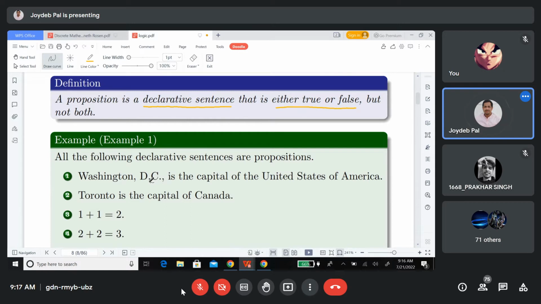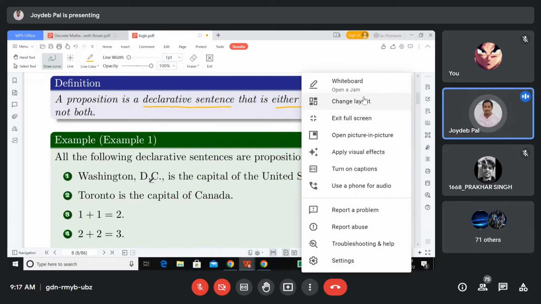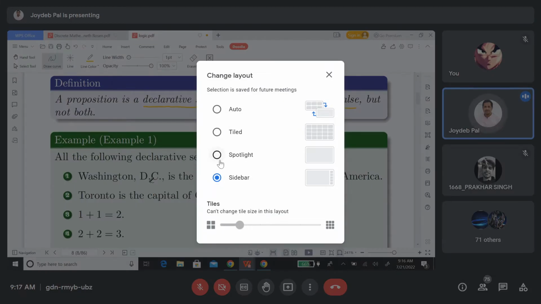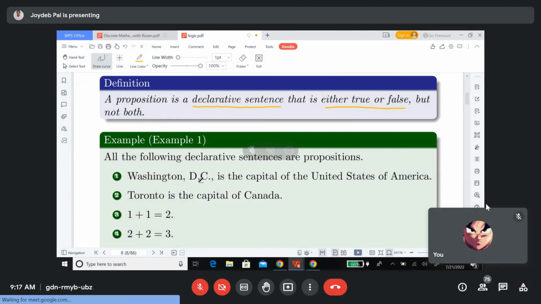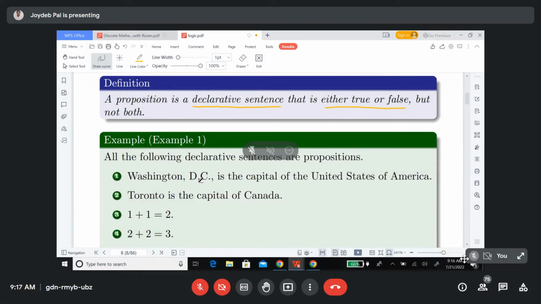Now, examples 1 and 2 are English sentences based on general knowledge. Now see example number 3: 1 plus 1 is equal to 2. It is a mathematical statement. Now, is it declarative?